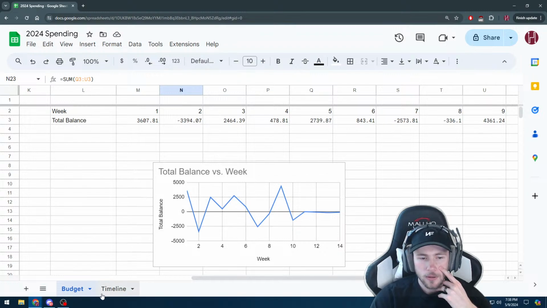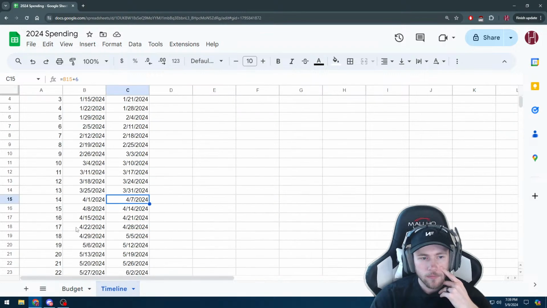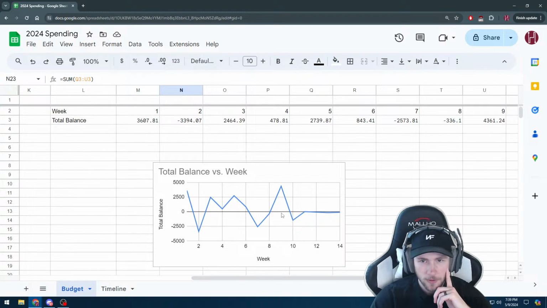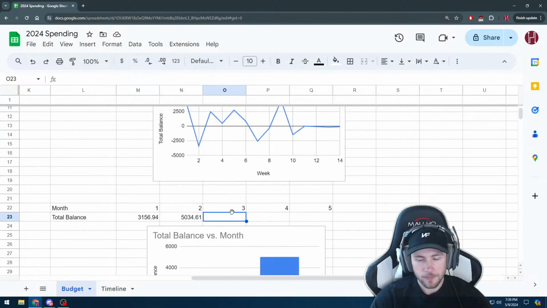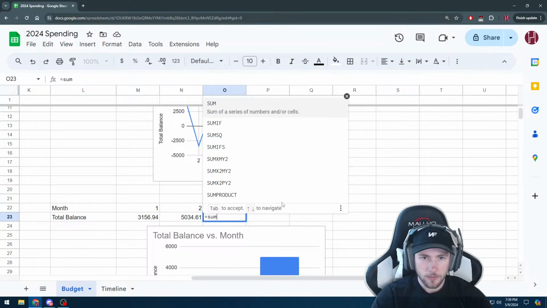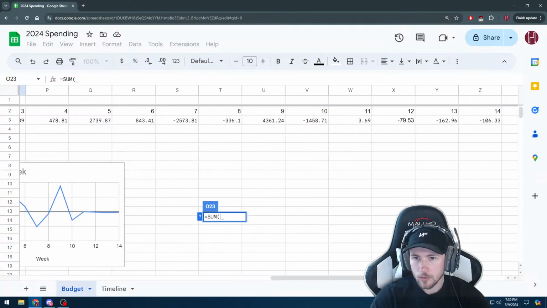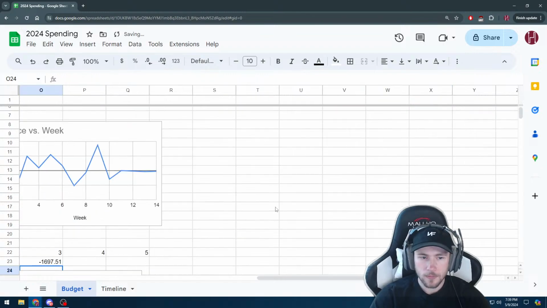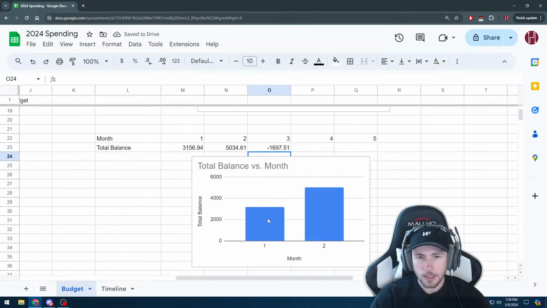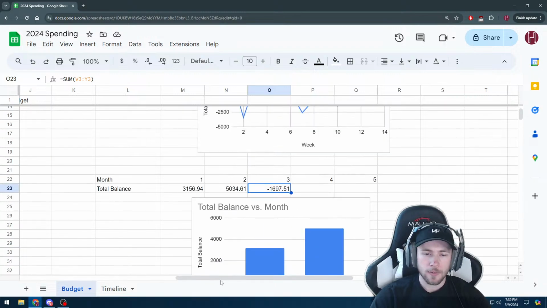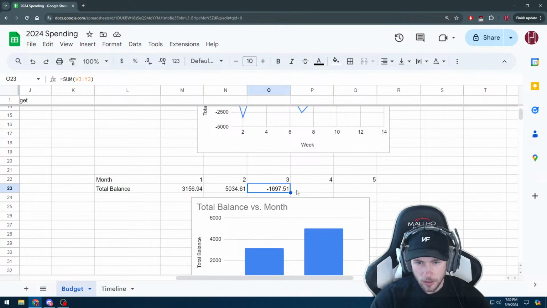So we'll want 10 through 13 for month 3. Oops. Yeah, see, that looks bad, but that's just because I haven't put in any of the income, which I'll look up later.